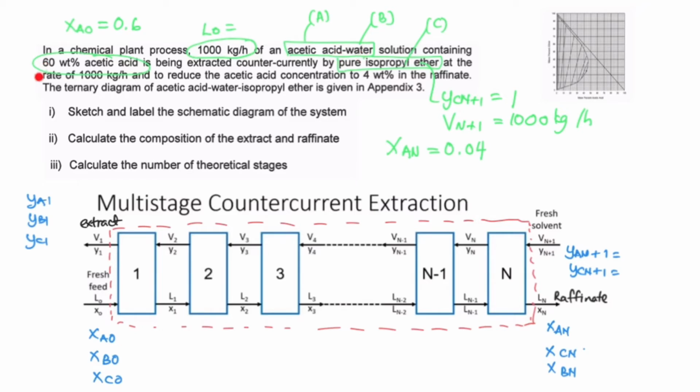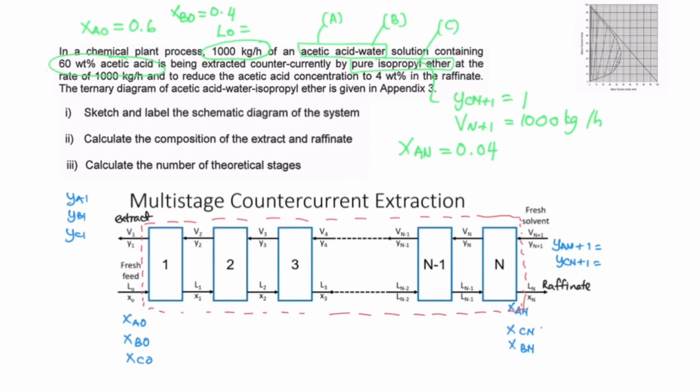Therefore, the balance of 40% will be for water. So you can also write this information where your XB0 is equal to 0.4, which represents 40% of water in the solution or in the feed.